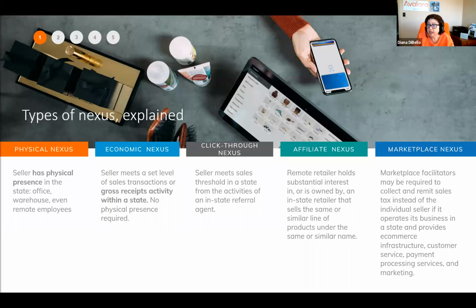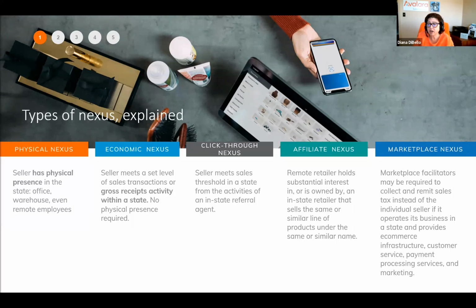Affiliate nexus. Now this came about and was very popular in the 90s when barnesandnoble.com and borders.com first started their book sales online. And you could then go into the physical store to return that book. Well, the state of California went after those companies, even though they were separate legal entities.